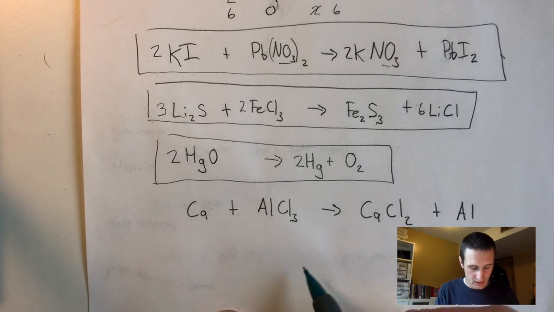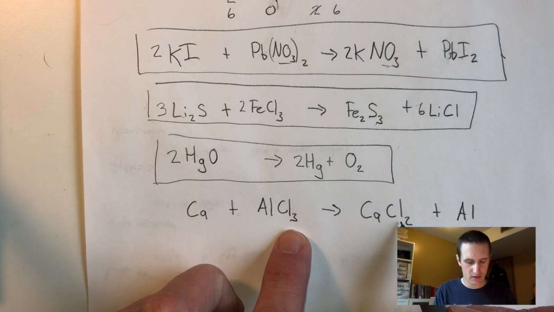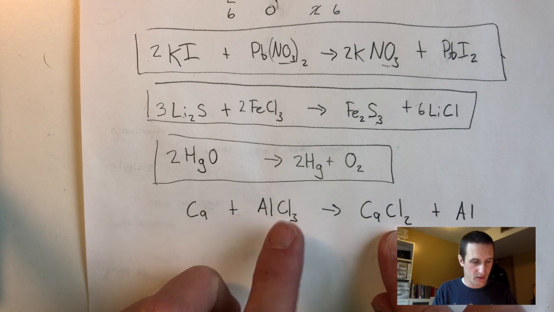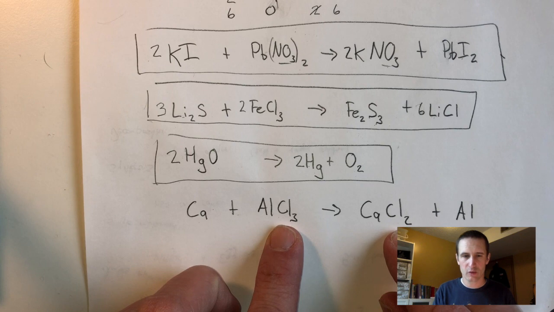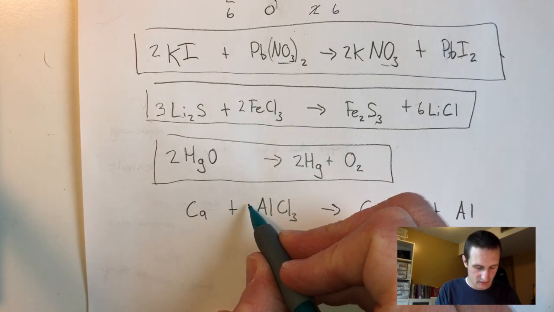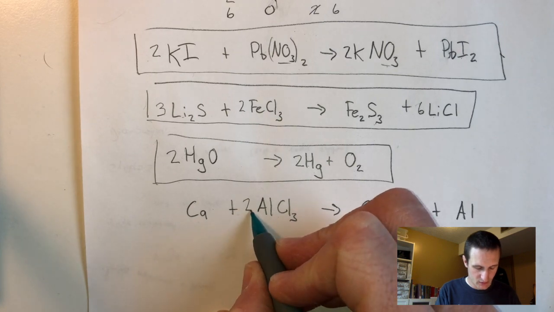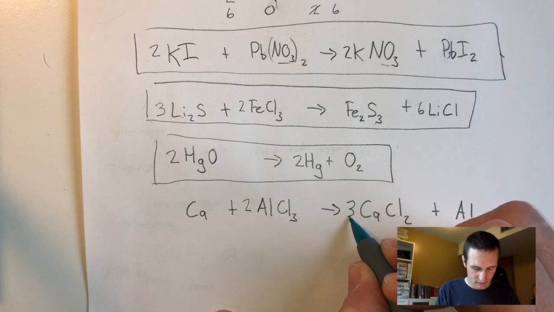And so I need to look at the chlorine as what I'm going to have to balance. And here I see 3 chlorines on the reactant side, 2 chlorines on the product side. So I'm going to think about the common multiple. That common multiple is going to be 6. And so if I change the coefficient to make 6 chlorines, do the same thing over here, make 6 chlorines.